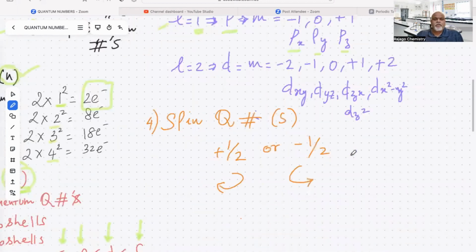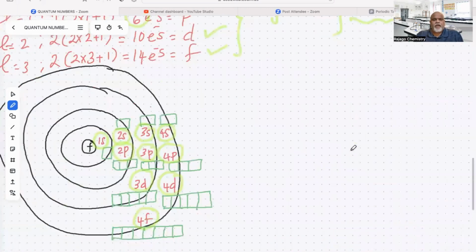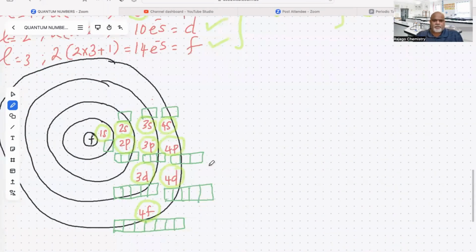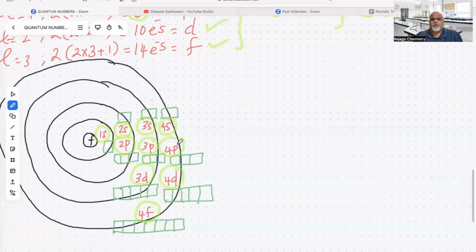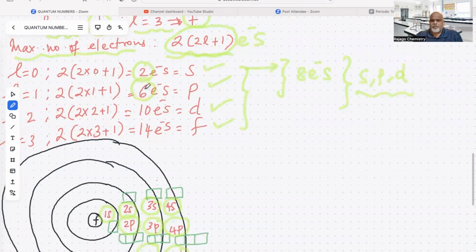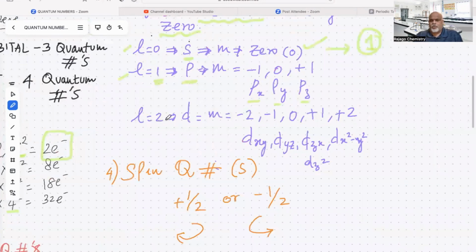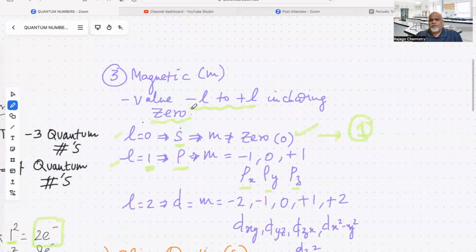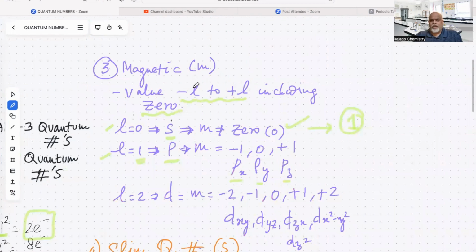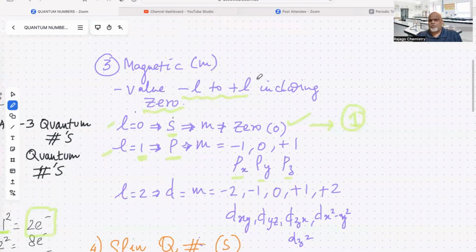That is the reason when I draw here, I draw three boxes. P's are always written in three suborbitals, and each suborbital holds two electrons. So it comes to exactly 6 electrons. Now, if L is equal to 2, D has to take 5 values: minus 2, minus 1, 0, plus 1, and plus 2.